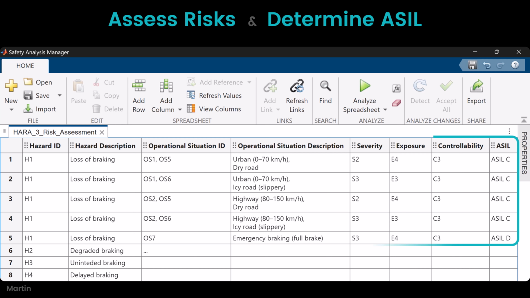All right, by leveraging simulations, we can analyze the severity, exposure, and controllability of hazards and assign the correct ASIL. Once again, the Safety Analysis Manager helps manage this process and provide traceable links to the models.